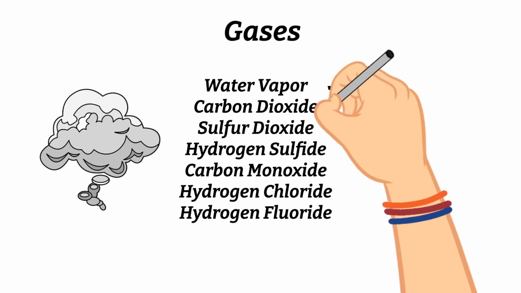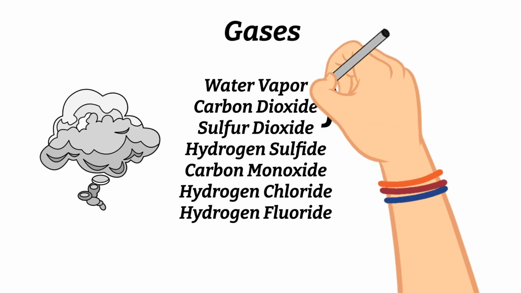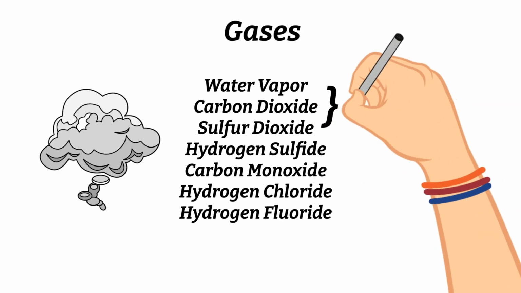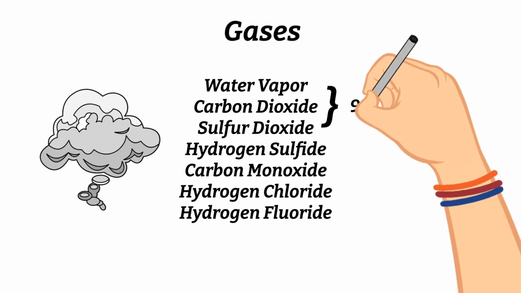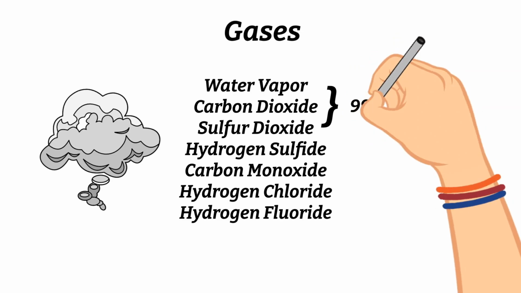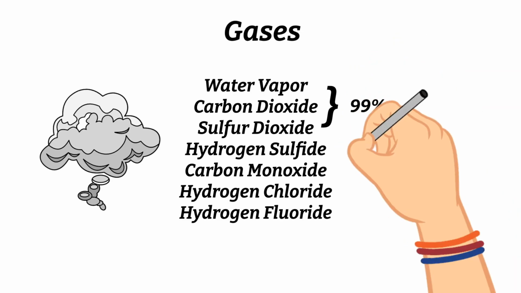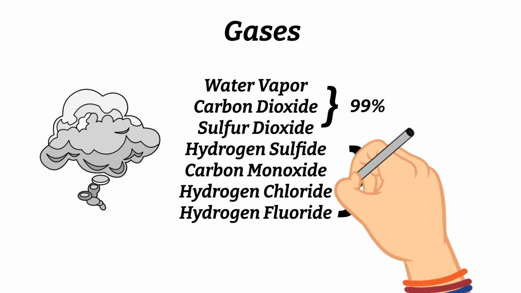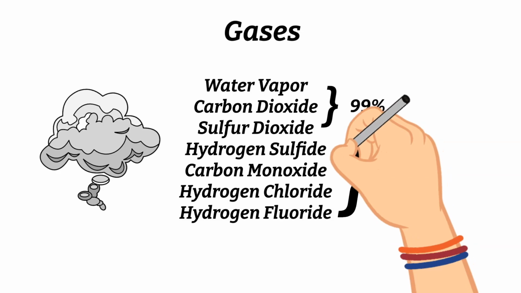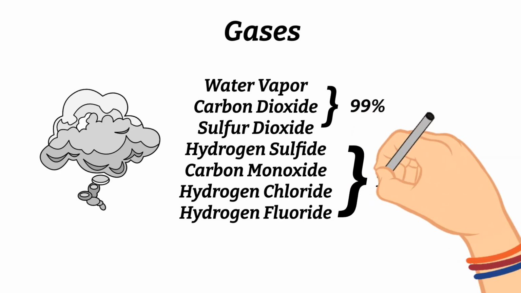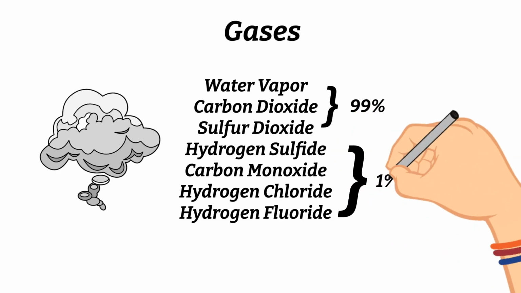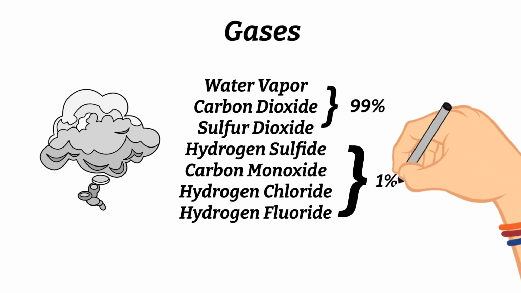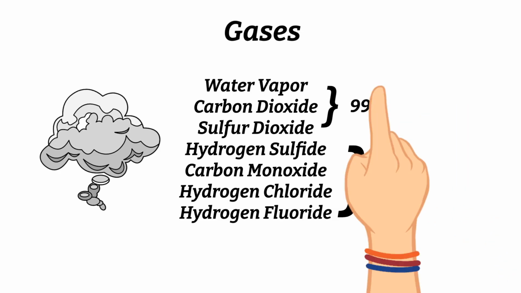Now, when a volcano produces a large amount of gas, the most common gases that it produces are water vapor, carbon dioxide, and sulfur dioxide. And this actually makes up 99% of the gas molecules that are put out into the atmosphere during an eruption. The remaining 1% is made up of these trace amounts of the other gases I have listed here.